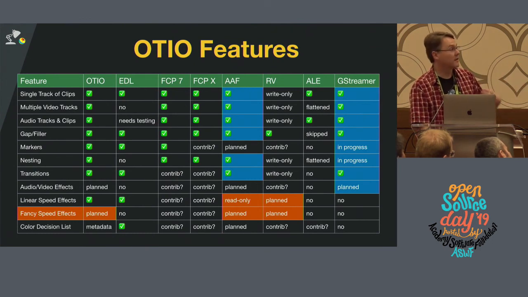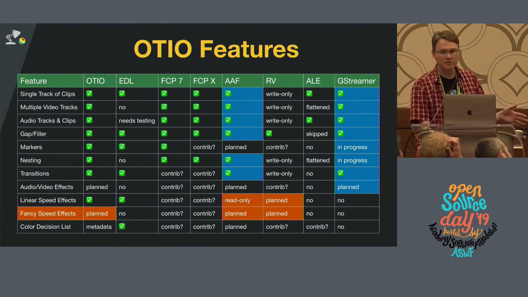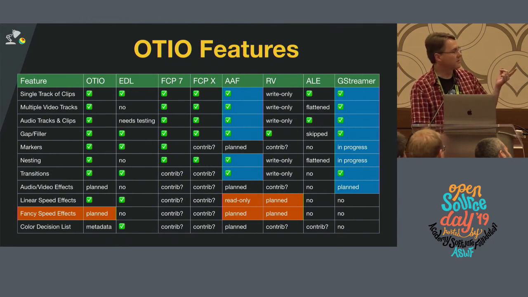The ones highlighted in blue are newly added recently. So the AAF support is now both read and write for most of those. There are a couple of pieces that need to be filled in there. The GStreamer adapter is new. And where we're headed next with this is the fancy speed effects here.